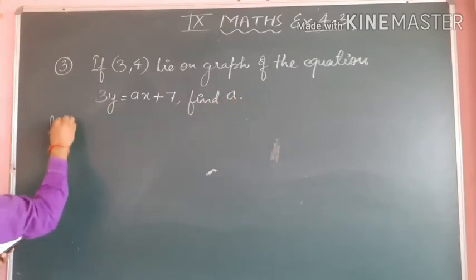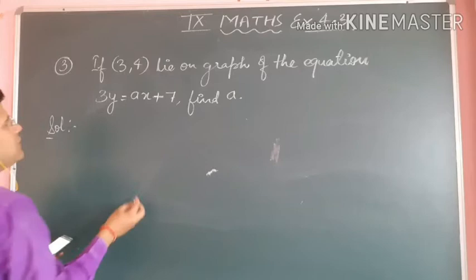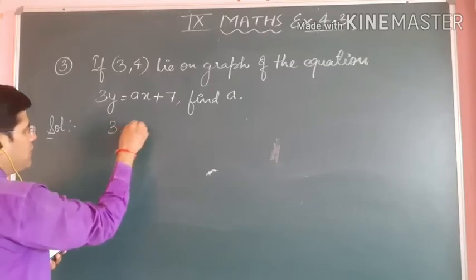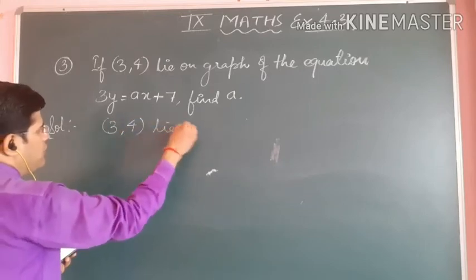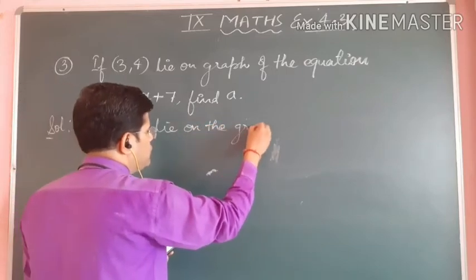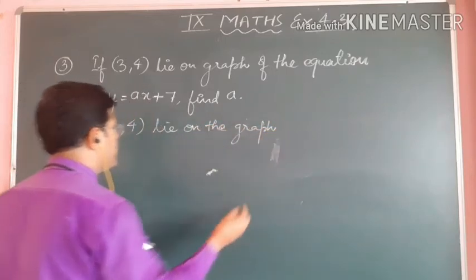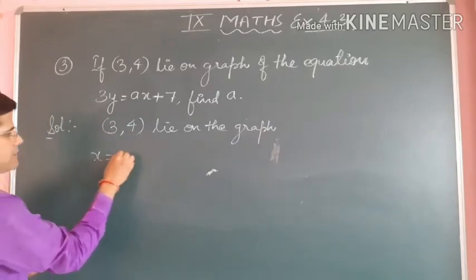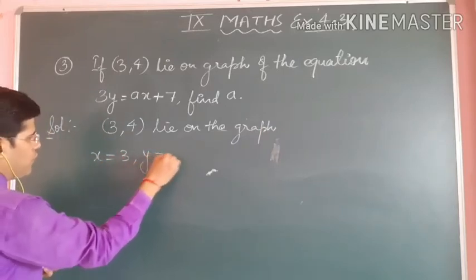Now solve. What solution is given? (3, 4) lies on the graph. So if this point is lying on the graph, we can take x as 3 and y as 4.